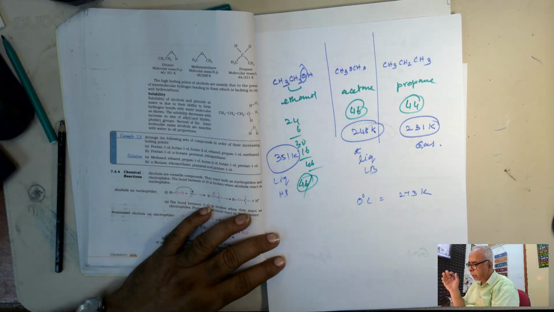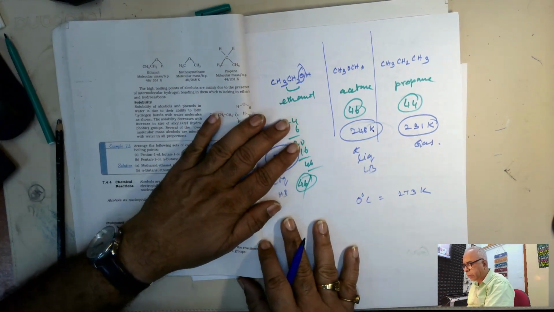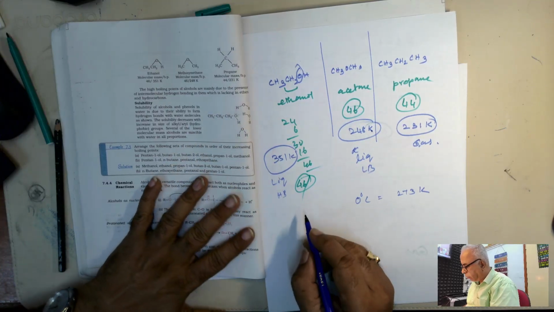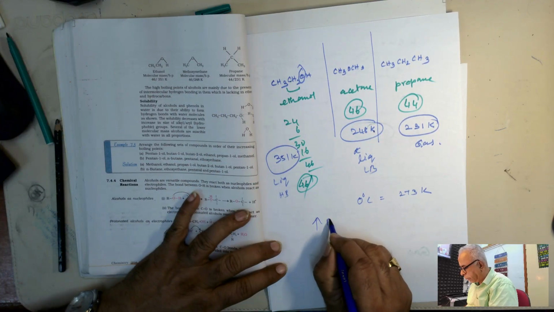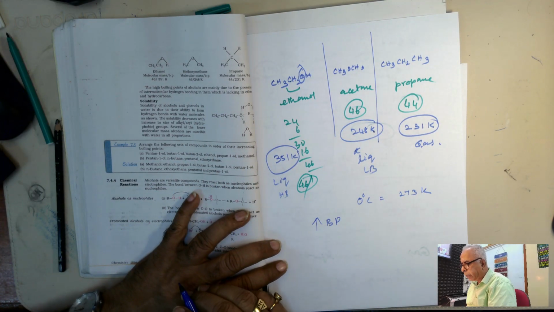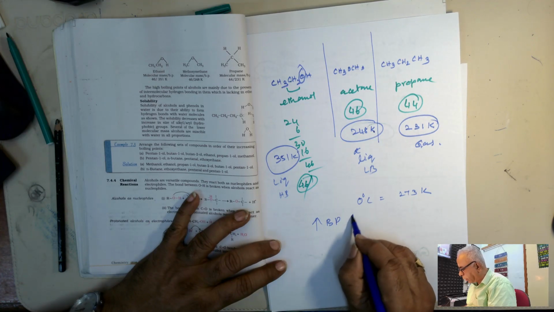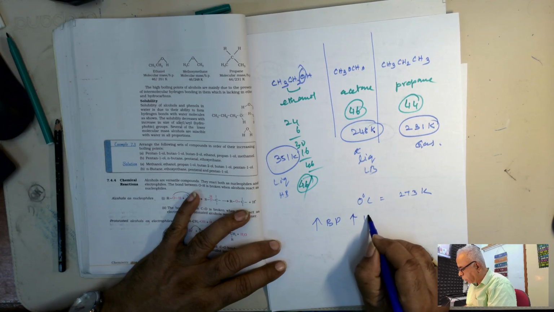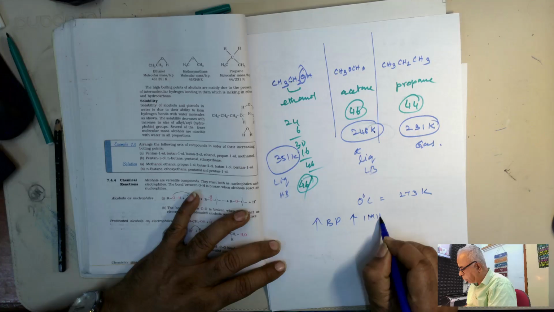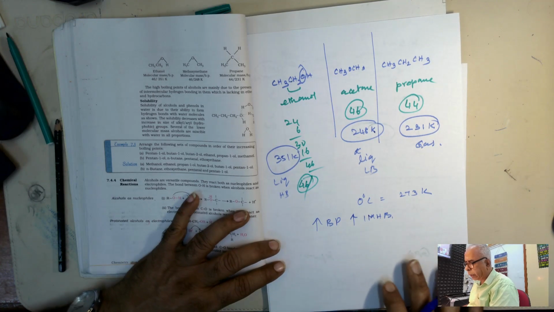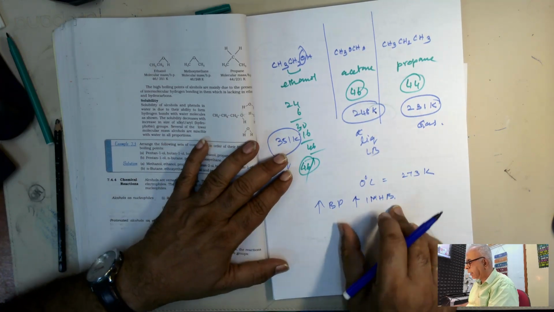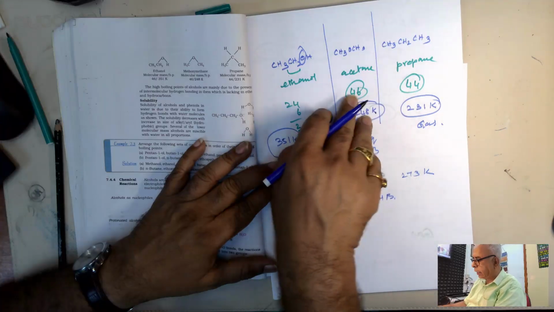So intermolecular hydrogen bonding is very important. The boiling point increases mainly due to the increase in intermolecular hydrogen bonding, which is lacking in alkanes and acetone.